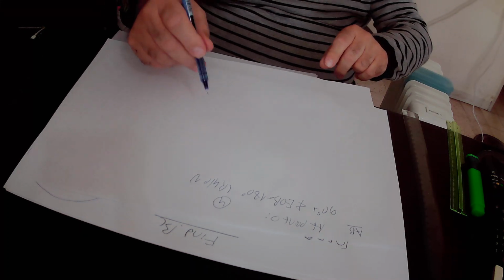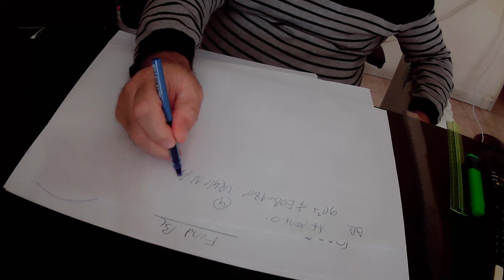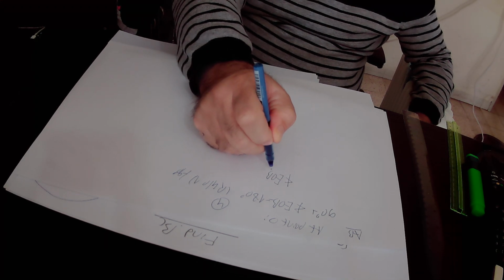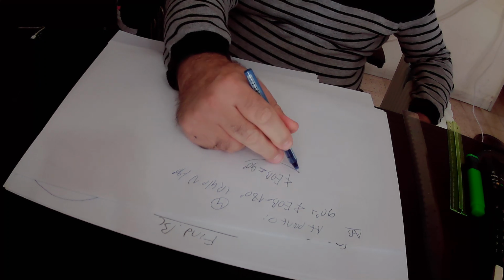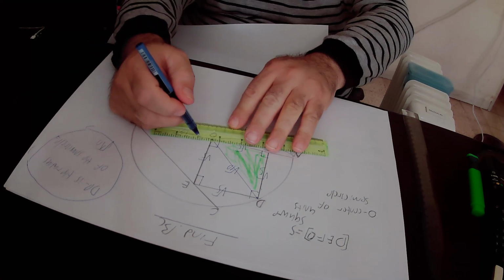We'll subtract 90 degrees from this equation, and we'll get that the missing angle EOB equals 180 degrees minus 90 degrees, it is equal to 90 degrees. So I know that angle EOB is a right angle.